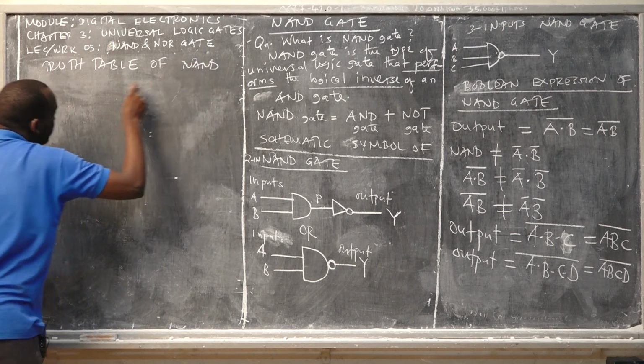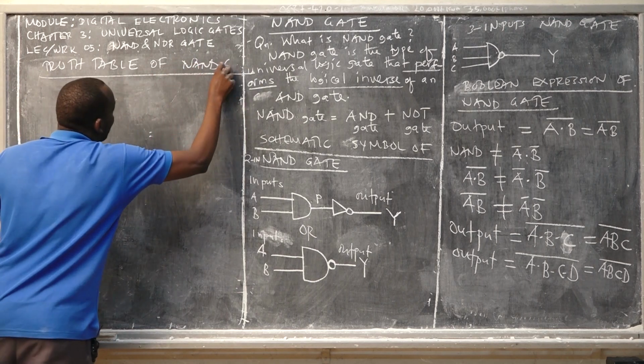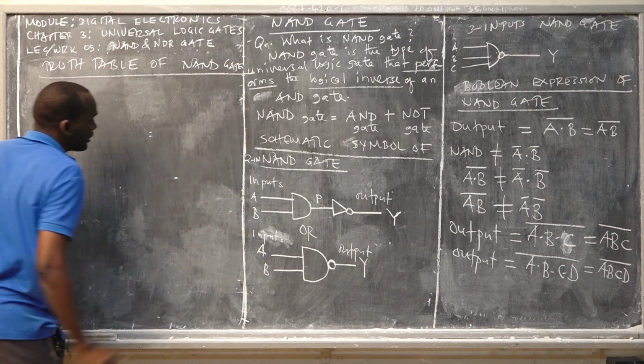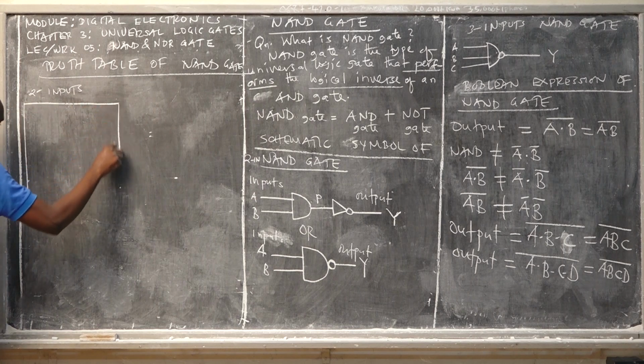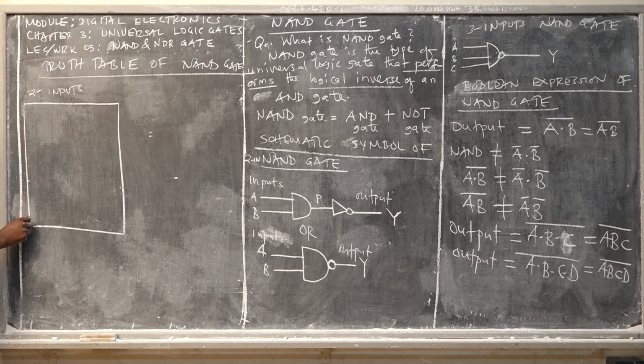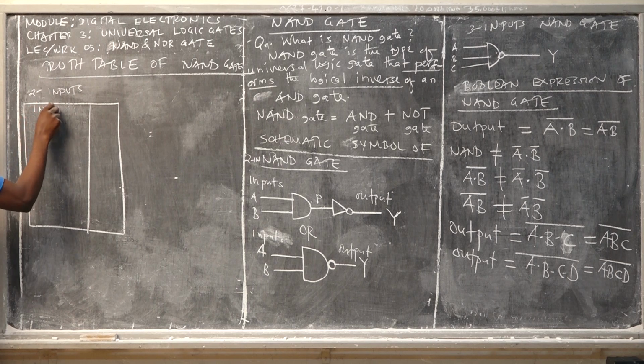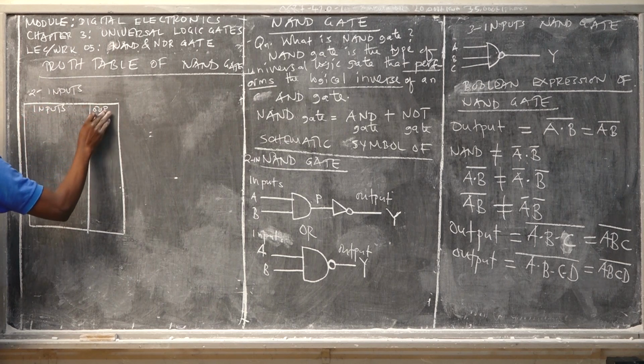Once we draw the truth table of NAND gate, then you can understand the timing diagram. So let us start with the two inputs. The simplest way of drawing the truth table is this. We have inputs, we have output.